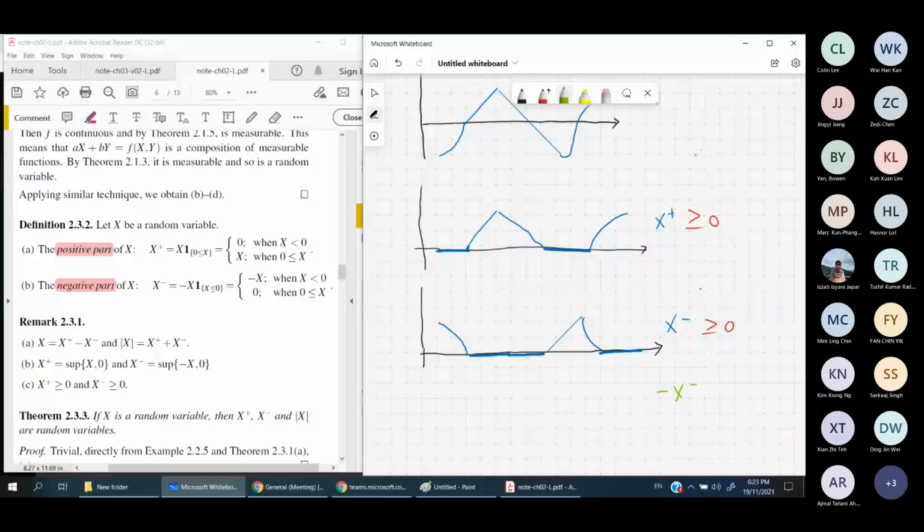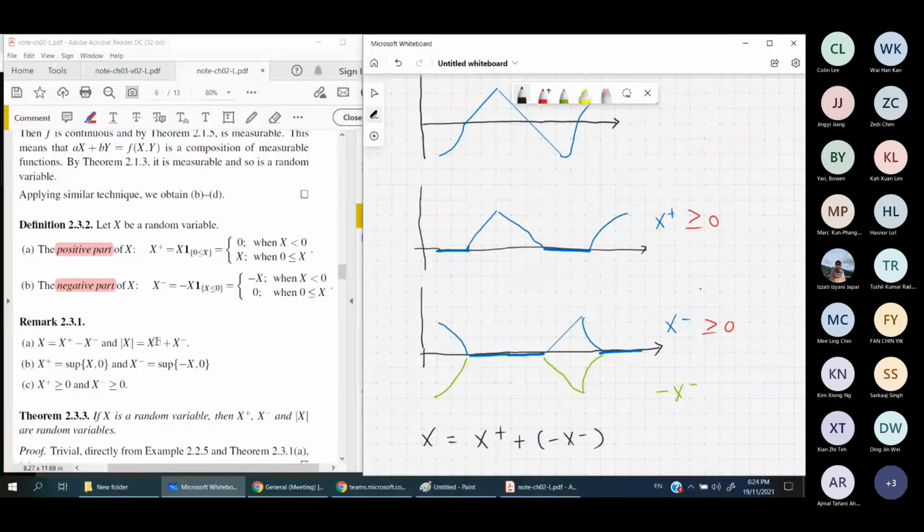However, the positive one will go down here, and this one will go down, and you get things like that. If you combine this green portion and this, it turns out to go back to our x. So from this graph, you can see the conclusion: x always equals x plus minus x minus, or you can put it this way: x minus will be x plus minus x.